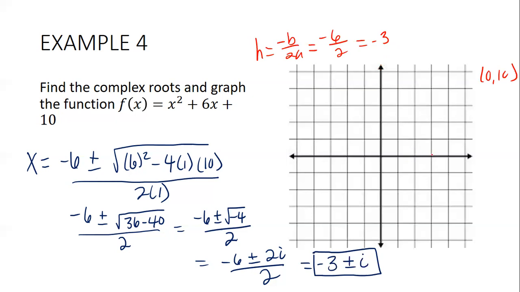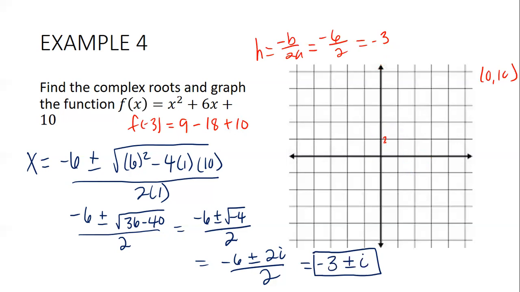So I know I'm going to be at negative 3. If I plug negative 3 in, f of negative 3 gives me 9 minus 18 plus 10. What is that? 1. 9 minus 18 is negative 9, plus 10 is 1.